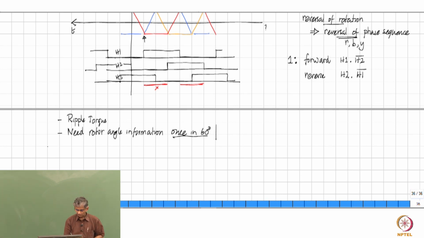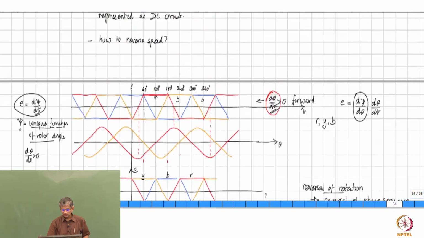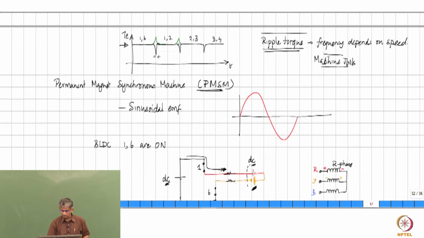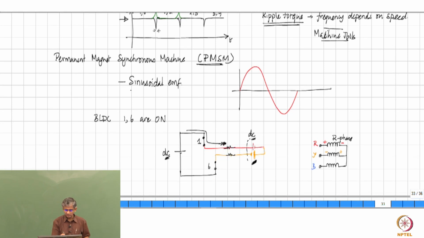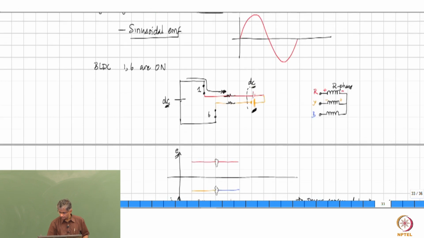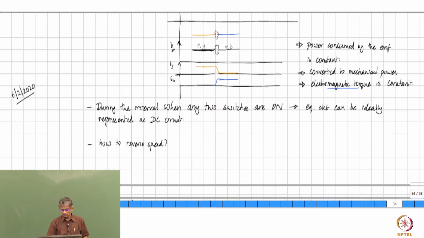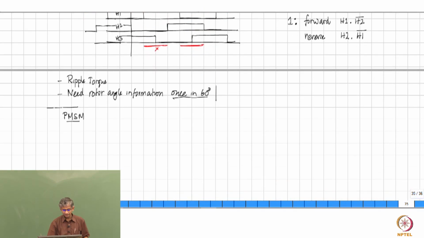But when we go to a PMSM, that is a synchronous machine, as it is called, we said that the EMF is sinusoidal. Now, if it is going to be sinusoidal, this poses some difficulty.